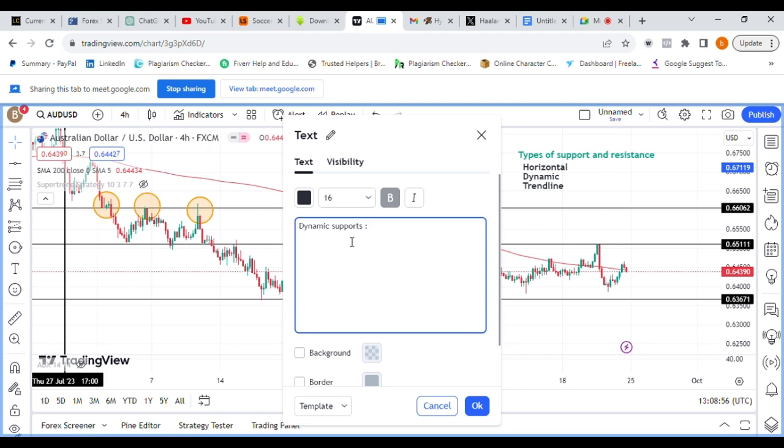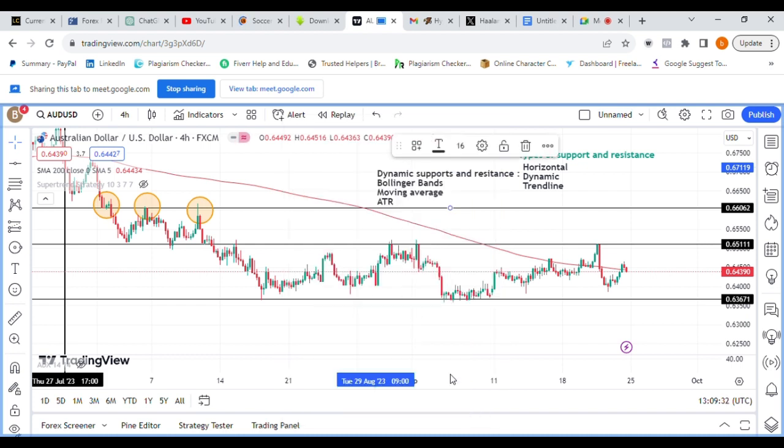Examples include Bollinger Bands, the moving average that is on our screen already, and we also have the ATR, average true range. These are some of the examples of dynamic support and resistance.